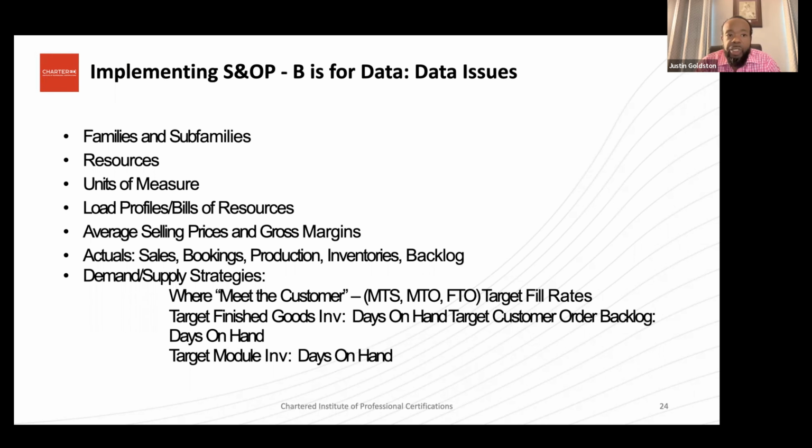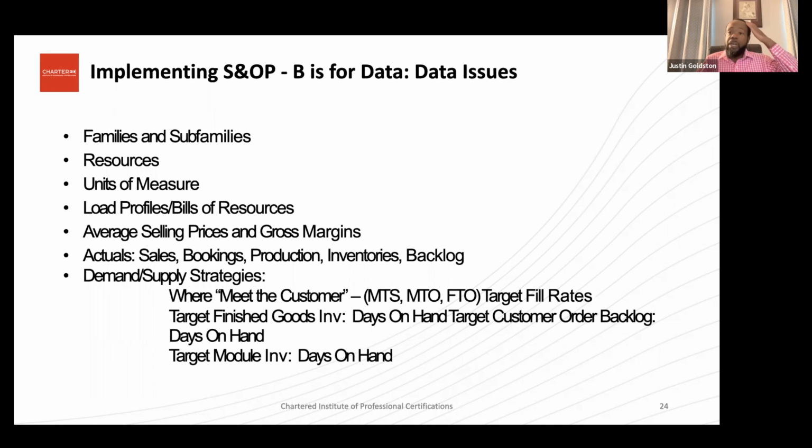So the data issues to consider in implementing S&OP is, are your product families and subfamilies indeed correct? So there's going to need to be a data analyst that continues to ensure that the product families are set up within a system, so we can accurately set up this S&OP process so that we can accurately forecast, right?